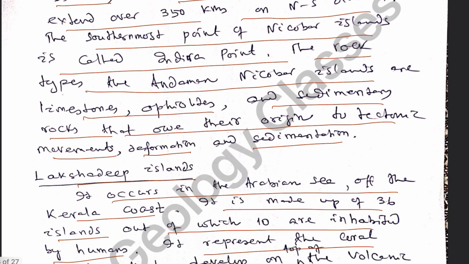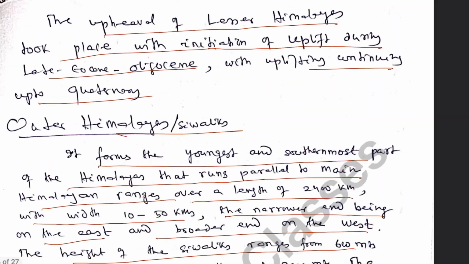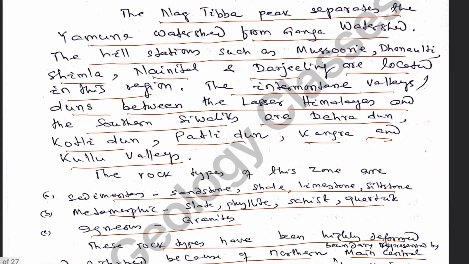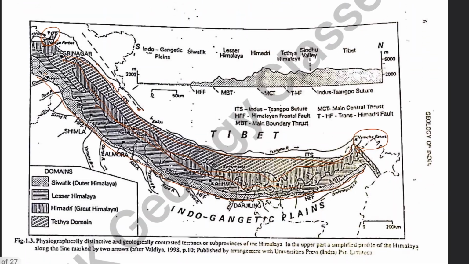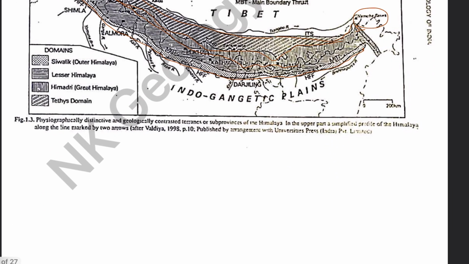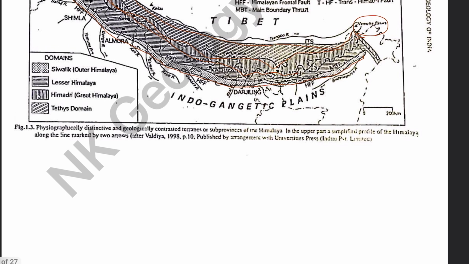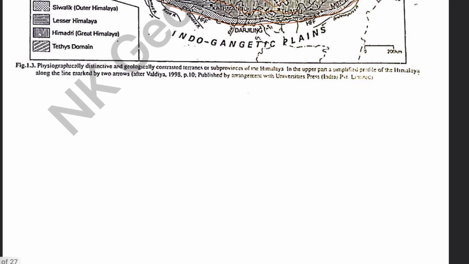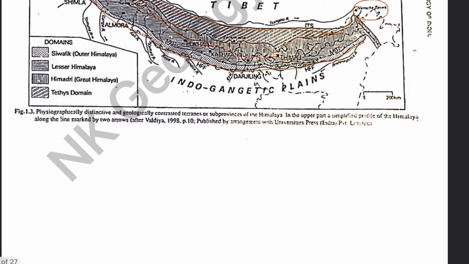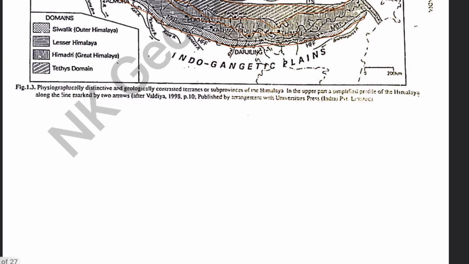So this is all about the major relief features of Indian subcontinent, and we have the three major units: the Himalayan extra-peninsular region, the Indo-Gangetic plain, and the peninsular region, including the islands of the Indian subcontinent that occur in Bay of Bengal and the Arabian Sea.